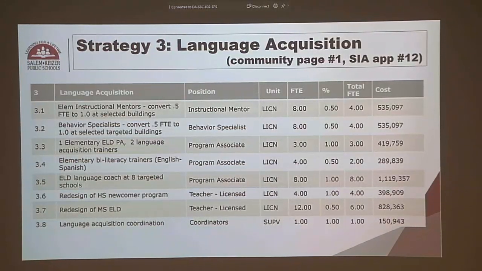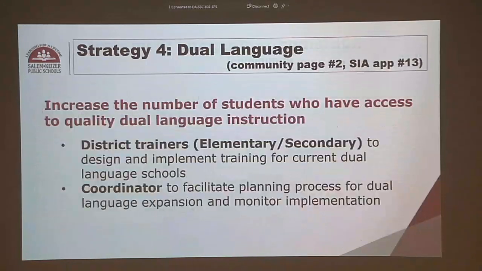And then our redesign of our middle school ELD program, we are offering 12 FTE at 0.5 for a total of 6 across our middle schools, and that will cost us about $828,000. And finally, an administrator to help coordinate all of this work again will be hired, and that administrator will cost us about $150,000.